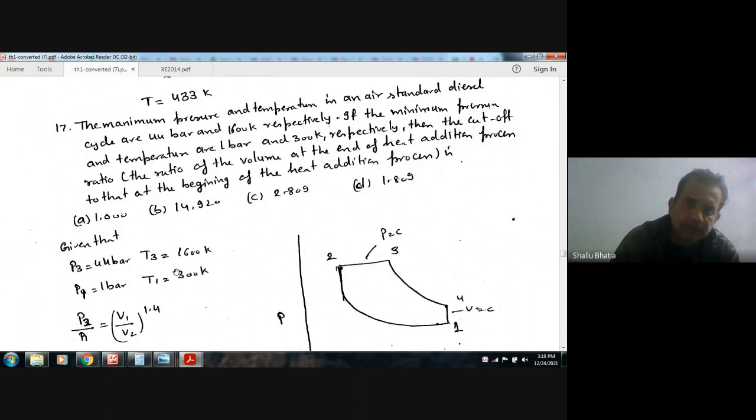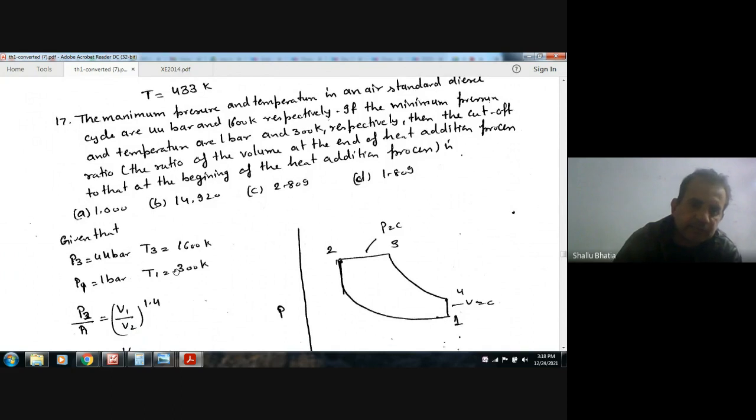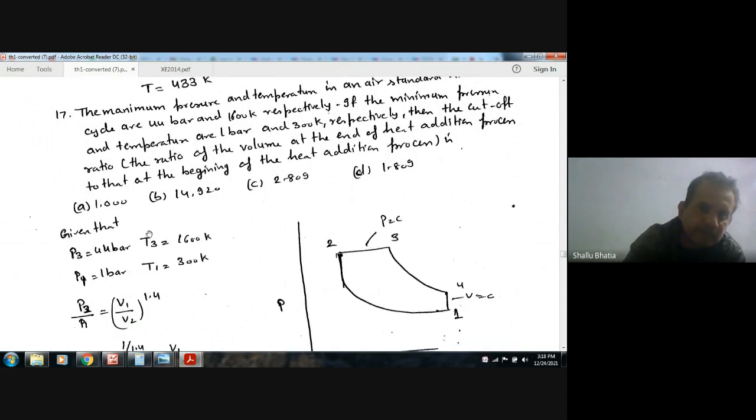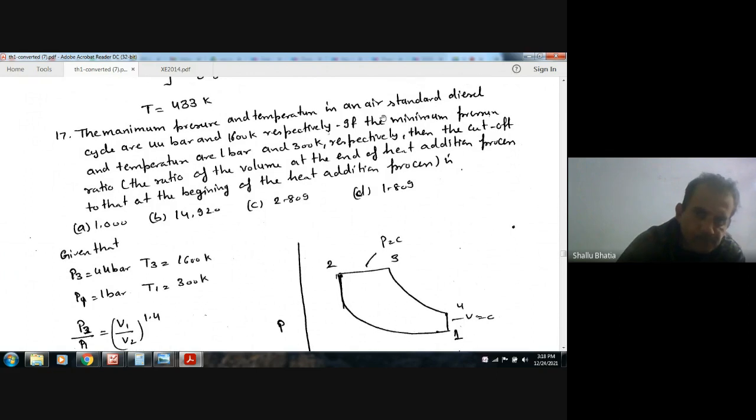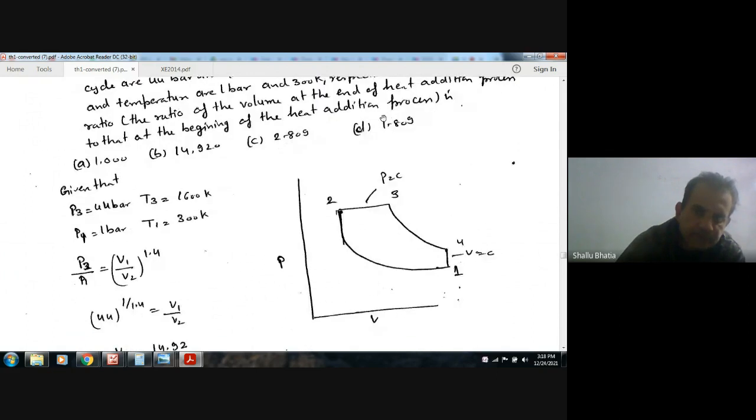Now we have to calculate the cutoff ratio. This is the ideal diesel cycle. This is the 1-2 process, that is an isentropic process. This is a constant pressure process. This is again an isentropic process.